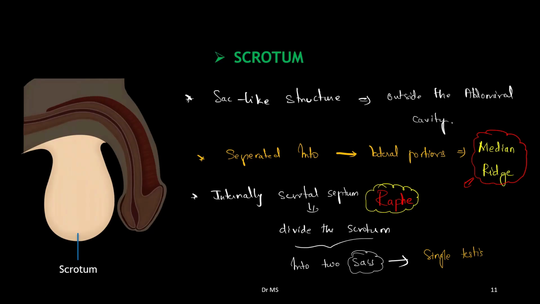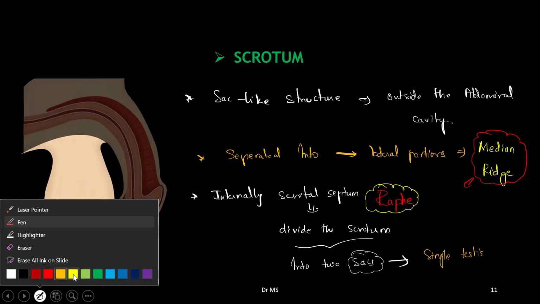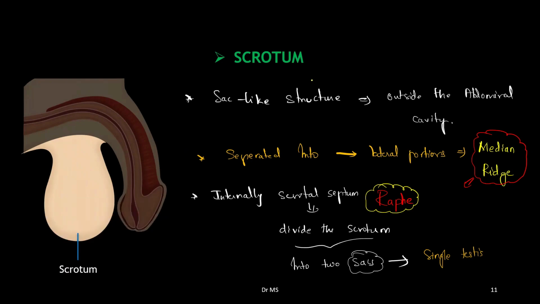But what is the main important thing for the scrotum to be present outside the abdomen? It maintains a lower temperature, and that lower temperature is very, very important for sperm production. Remember this. For spermatogenesis to happen, you need a temperature 2 to 2.5 degrees Celsius lower than the body temperature.